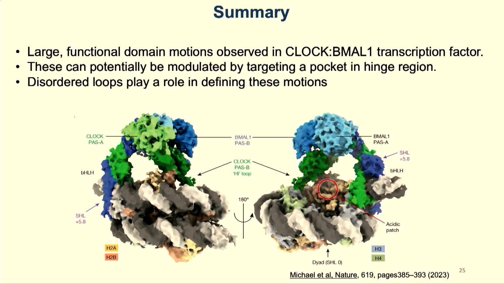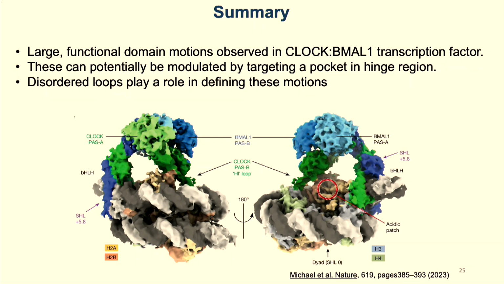So that's when we realized that the kind of domain motions which we are seeing are indeed functional. They are possible. And in fact, they are required for this transcription factor to work. And so a student is now trying to use these trajectories to essentially find out the conformation in which this is present.